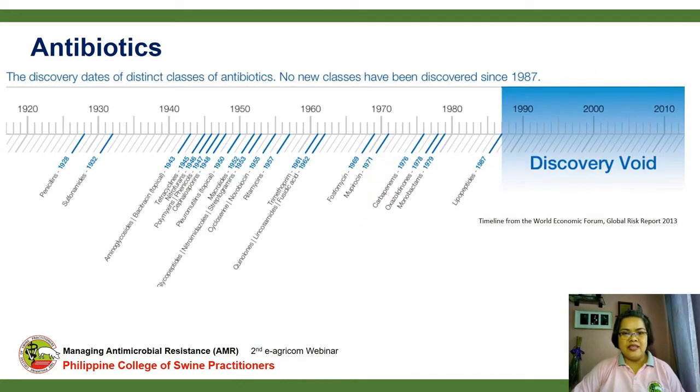The 1950s to the 1960s were the golden age of antibiotic discovery. However, no new classes of antibiotics were developed since 1987. Since then, no new antibiotics were introduced, with modifications only and adaptations to existing antibiotics.